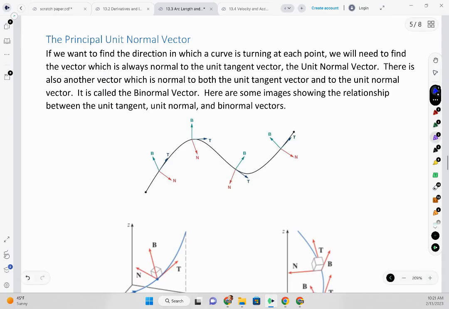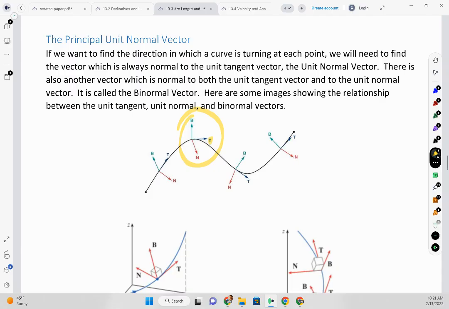So I've got these pictures here. And I think, let's see, which one is a really good one to look at? I think maybe this one over here kind of shows it well. We see our T vector here, the tangent vector, it's a unit, and it runs tangent to our curve. The unit normal vector is kind of pointing inward on the curve.